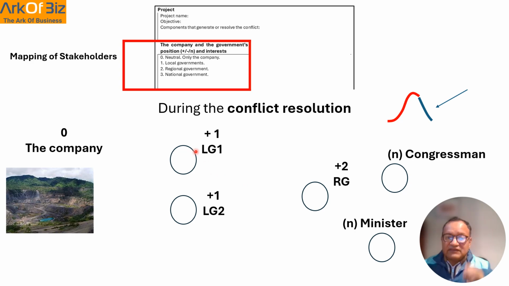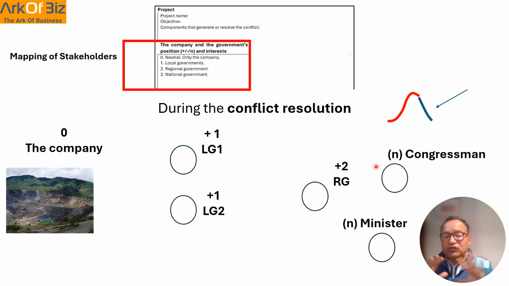Keep in mind that this is a different scenario. Some stakeholders may drop out of the conflict once things start moving toward resolutions, while new stakeholders may appear to help solve the conflict. For instance, here we have a minister with a neutral position and a congressman with a neutral position as well.